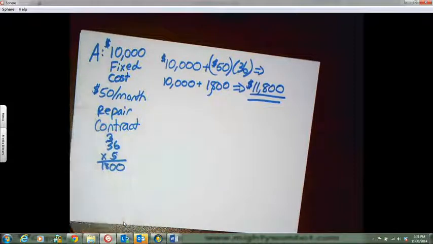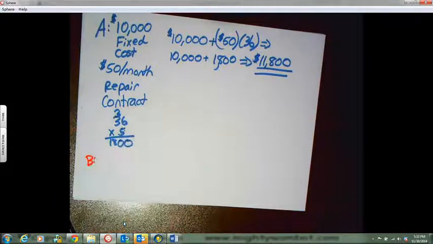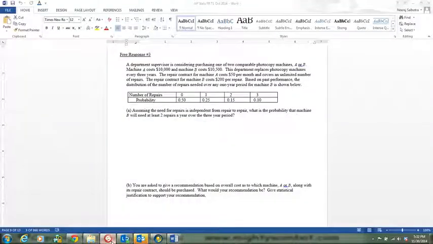Alright, let's talk about B. I'll do B in red. Now machine B. Let's see what they tell me. Let me come back up here to read. B costs $10,500. We'll call that the fixed cost.